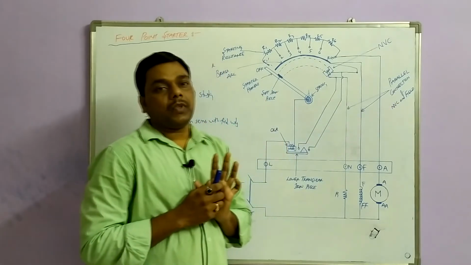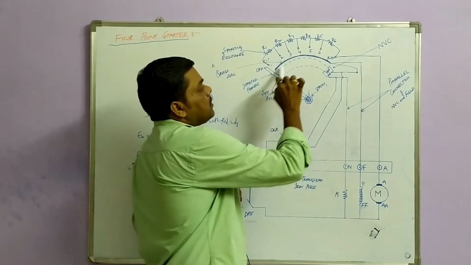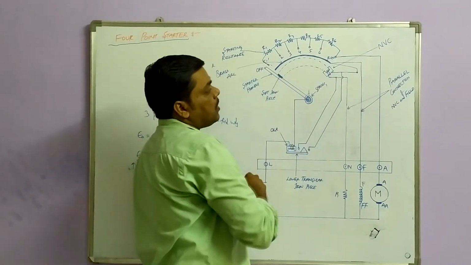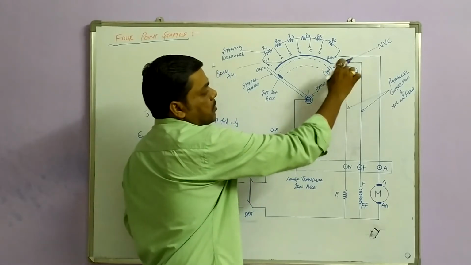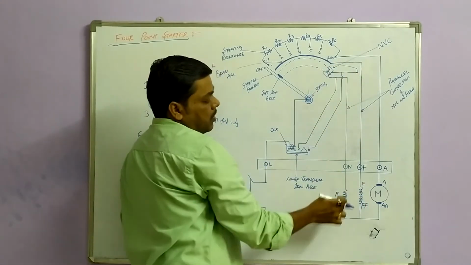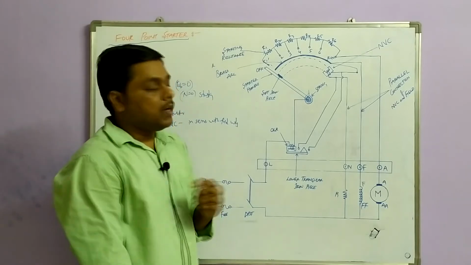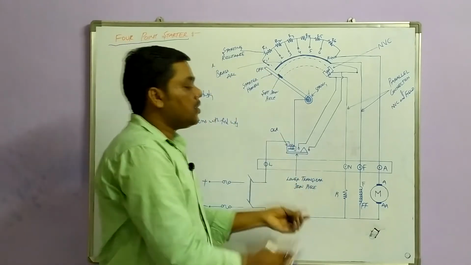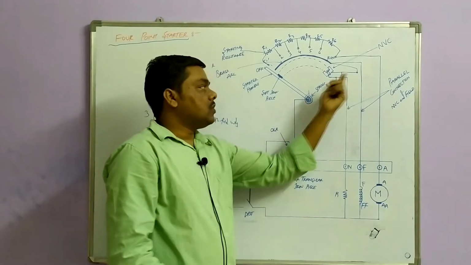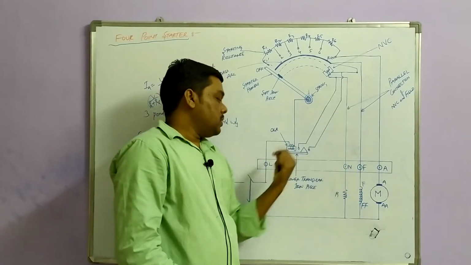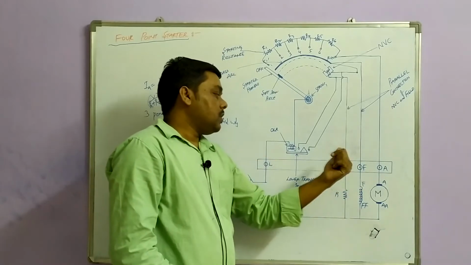You can see here the brass arc is connected from this point. I am dividing both terminals, so it is divided parallelly into two lines. So the field winding and the load, armature and N terminal, all are connected.